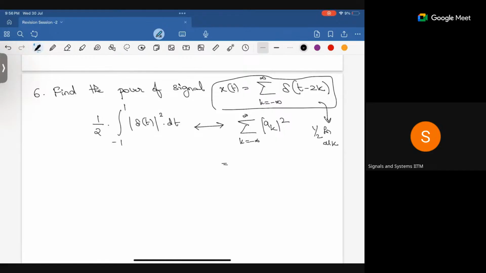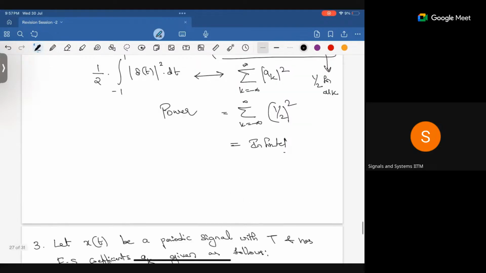So when I substitute it, power will become summation k equals minus infinity to plus infinity of half whole square, which is 1 by 4. And you are adding 1 by 4 infinity times. You will see that this is infinite. So when we try to compute power of an impulse train signal, even the power will also be infinite. That is about Parseval's.